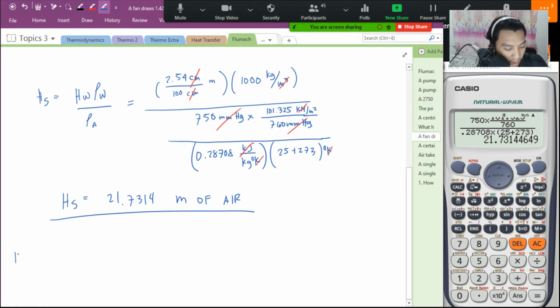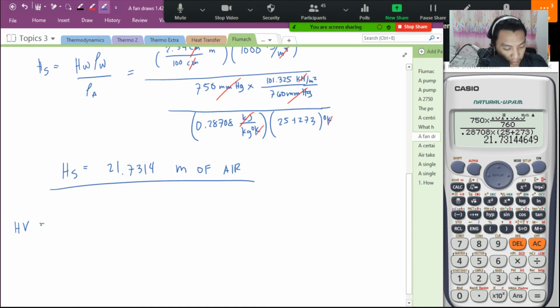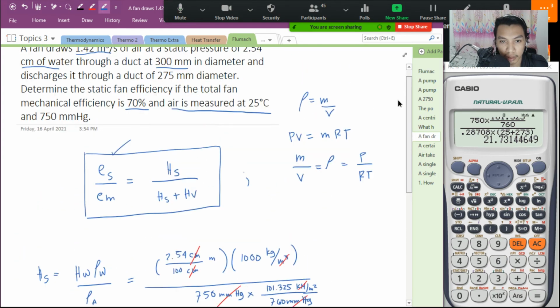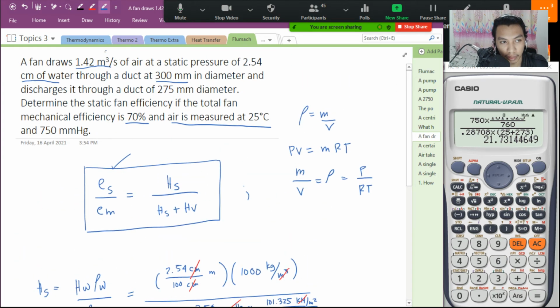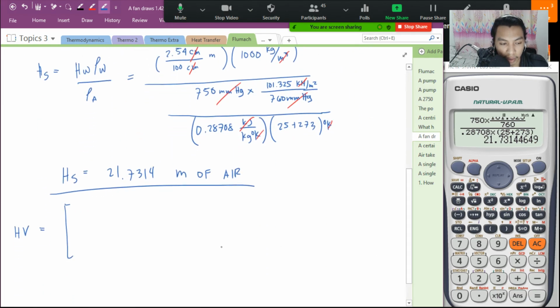Yun sa velocity head naman. Velocity head. Ang lalabas na dito is tulad ulit natin yung isa. May binigay ka dito na Q. Tapos the area ng duct bibigay dyan. Daanin ulit natin ng 4Q over pi D squared.